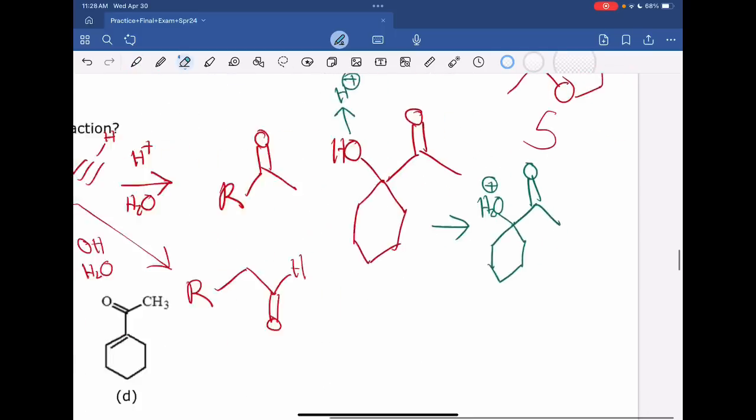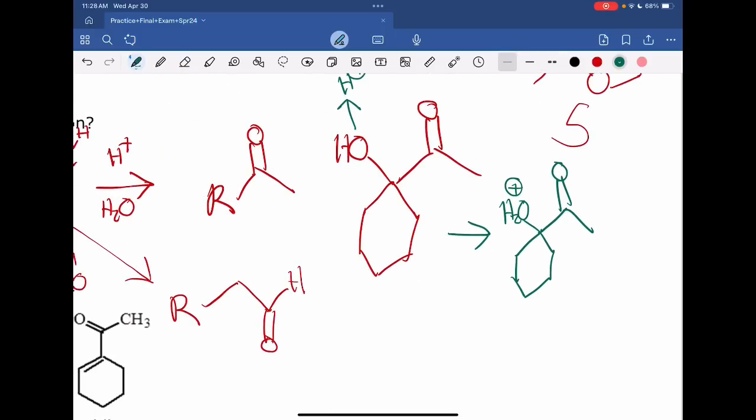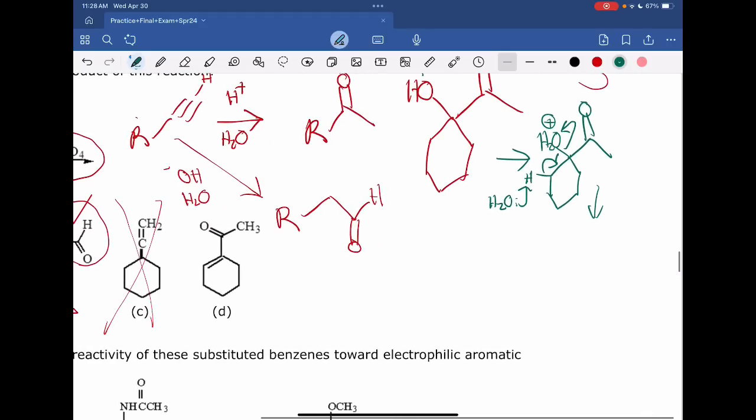The reason why is because, well, acid and water can promote elimination sometimes, but it's very favorable in this case because once you get rid of this H and form this double bond, kick the water out, you will get an alpha beta unsaturated compound.